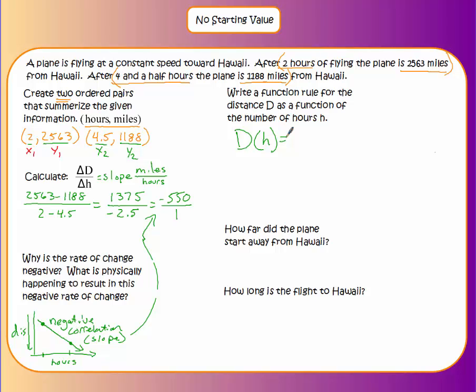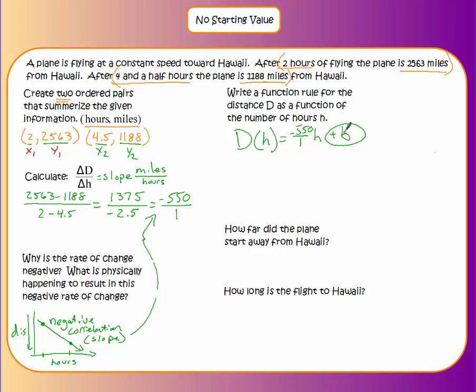I need to figure out my b value, don't I? I can't quite do this yet because what I'm going to have is my slope, which is this negative 550 over 1, times the amount of hours, and then usually I have this like plus b, right? Or in the regular formula, the y equals mx plus b, and I know my starting value is not 0. I didn't start at 0 miles.